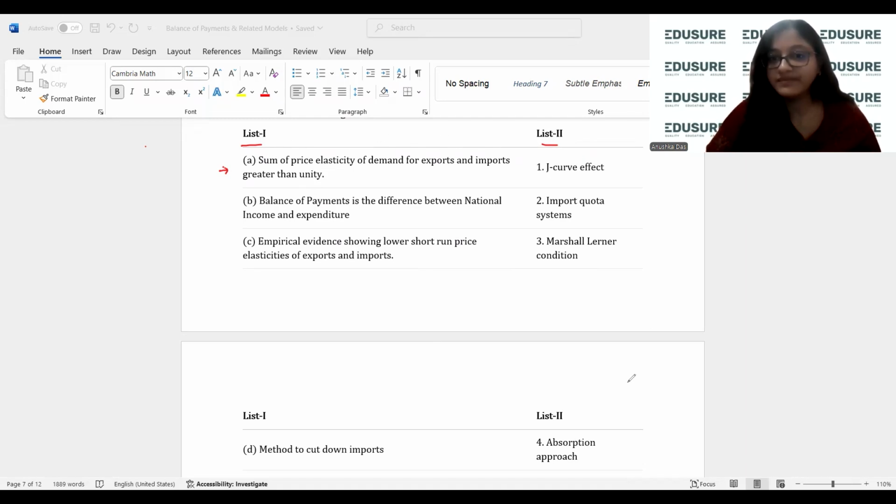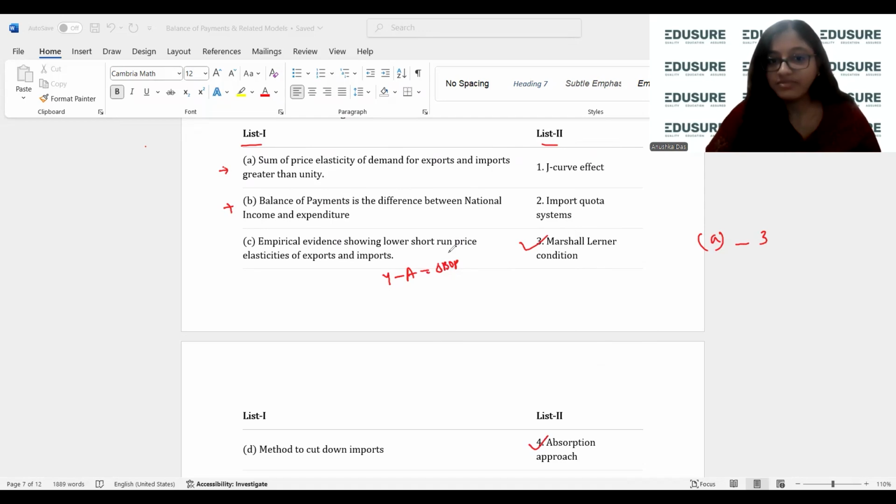What will this be from List 2? It will simply be the Marshall-Lerner condition, right? This we have seen so far. A is 3. Then you have balance of payments is the difference between national income and expenditure. This we have just seen. That will be what? The absorption approach, right? So we have just seen Y minus A will be the change in the BoP, basically the adjustment of BoP.